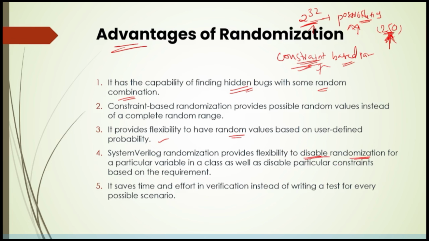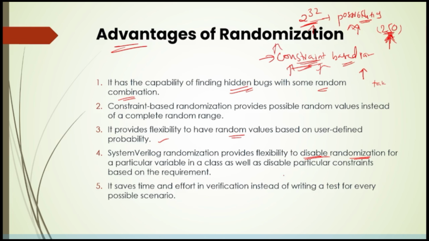You'll be seeing all this with examples, don't worry about that. You can disable randomization as well as disable constraints. Even though you have put a limitation, you can take off that limitation by using disable constraints. Similarly you can disable the randomization also.